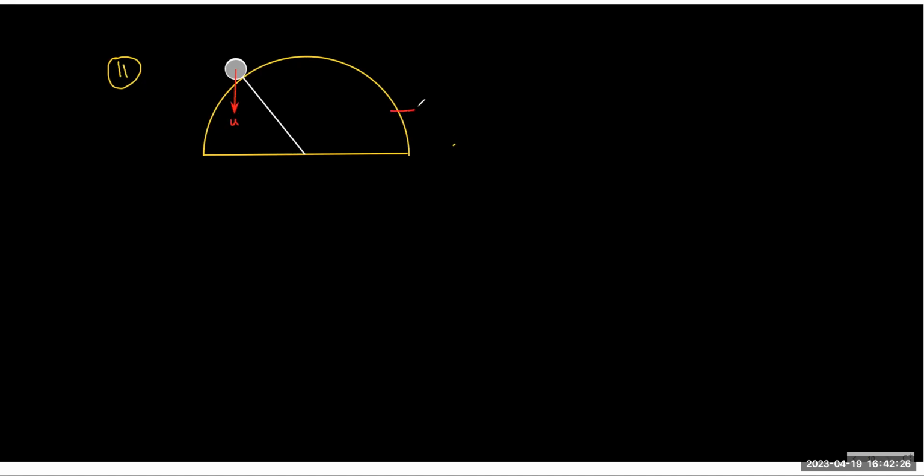So it must move with the right v, right? And the velocity along the common normal must be the same. Correct? Yes, sir.